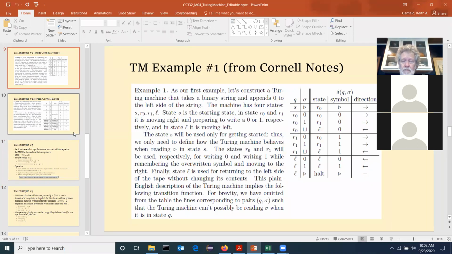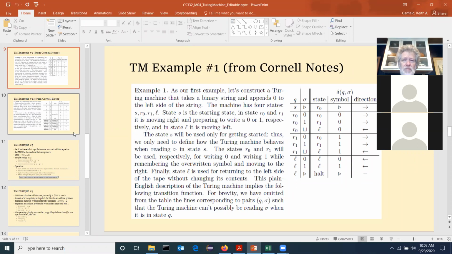Okay, I want to walk through these examples one more time and then go through the third example that the Cornell notes shows. In this case, they are prepending a 0 to a string. If you think about how you want to do that, they've got a string of 1s and 0s, and they're going to prepend a 0 to the front.